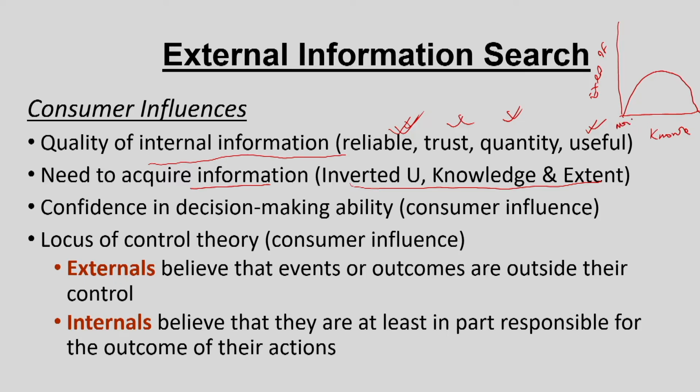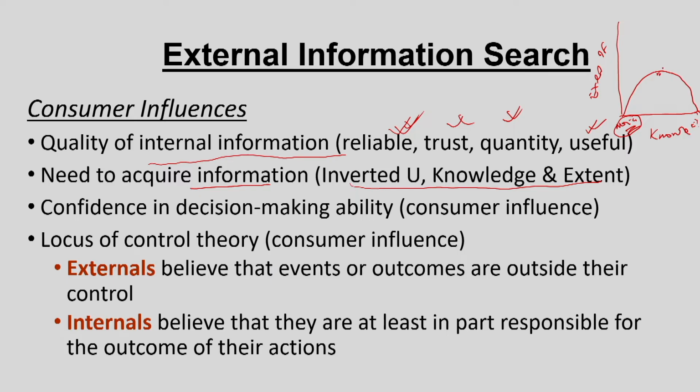Novice people who have very little information about a product will fall here. They have very little knowledge and the extent of search is very low. Experts are on this end, they have high product knowledge, and they also do very little search.